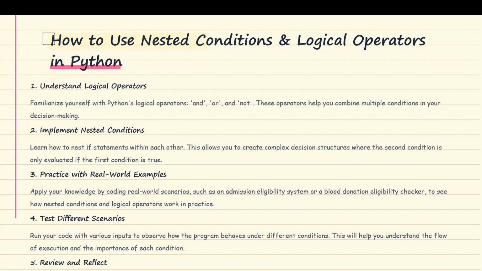The next thing is implementing nested conditions: learn how to nest each statement within another, maintaining the flow so that the output is not illogical. This allows you to create a complex decision structure where the second condition is only evaluated if the first condition is true. As we saw in the previous example, only if our first condition is true does our second condition start.